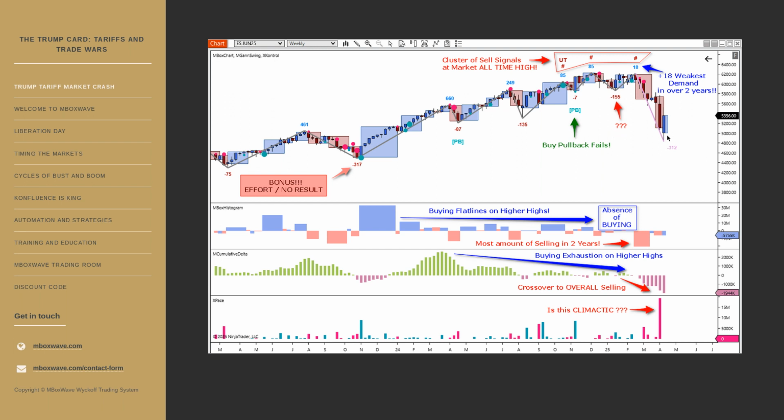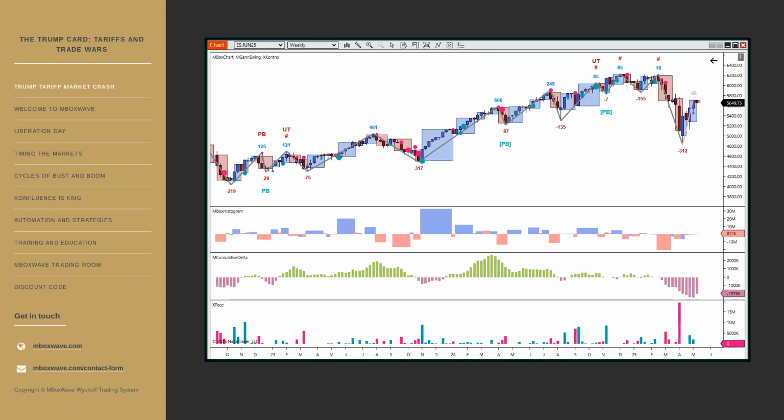And I'll get to the bonus effort, no result in a minute here. So if we overlay here, I don't have any analysis, but we see that after this climactic selling here, what happened? Price corrects. This very often happens when we are overly climactic, that price will rebound, and X pace of the bids here did expose that.